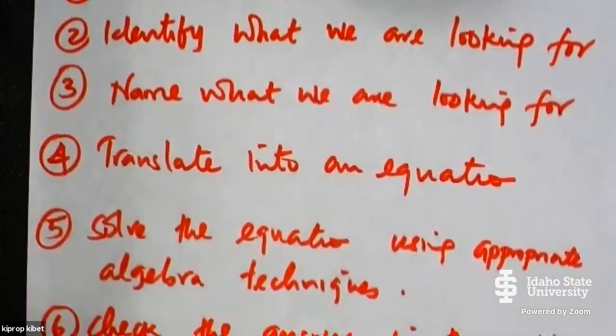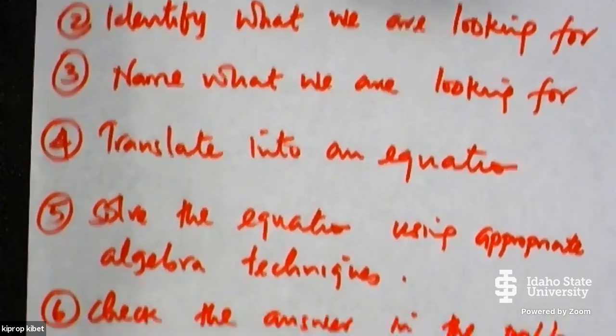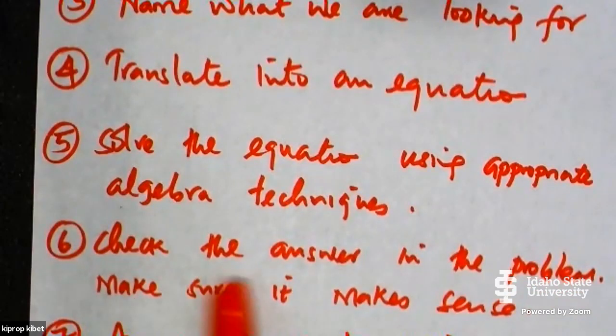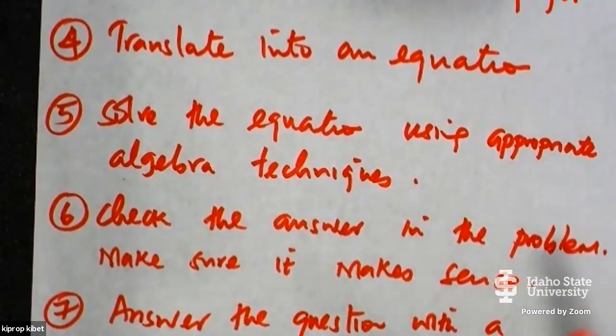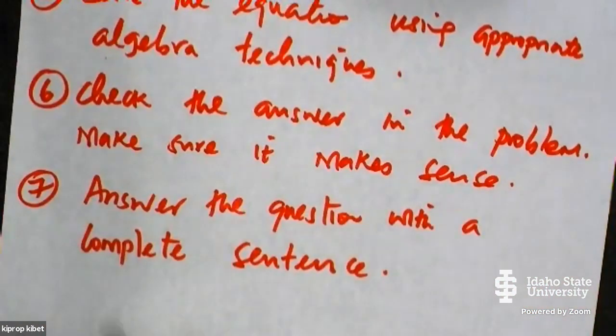The fifth one, solve the equation using the appropriate algebra technique. Sixth one, check the answer in the problem. Make sure it makes sense. Then the last one is answer the question with a complete sentence.